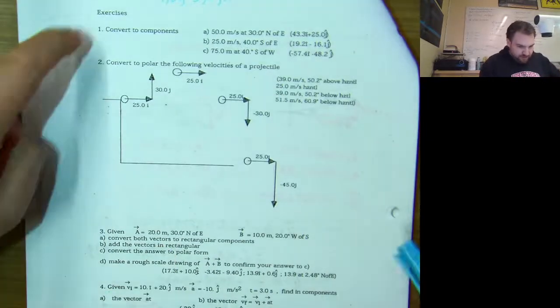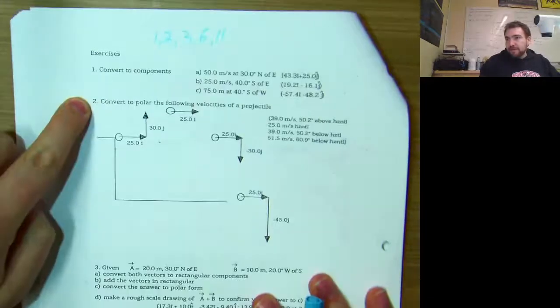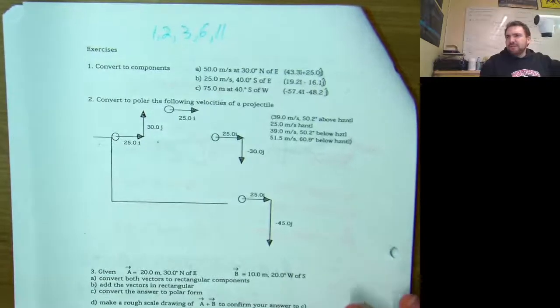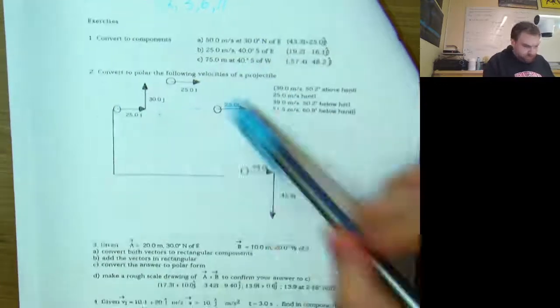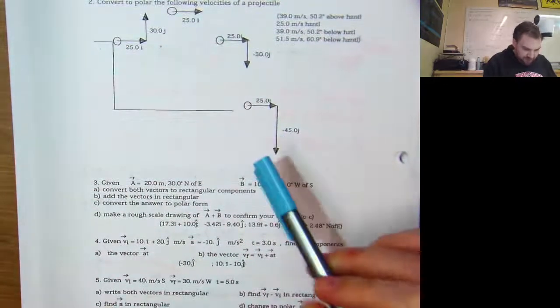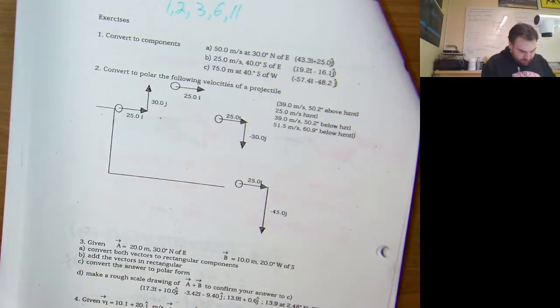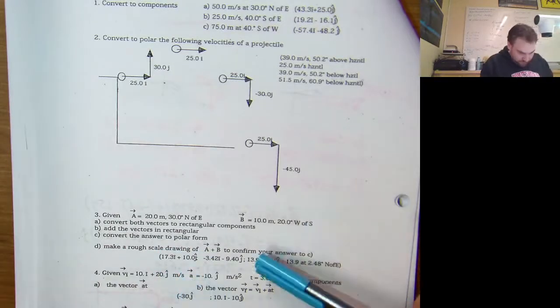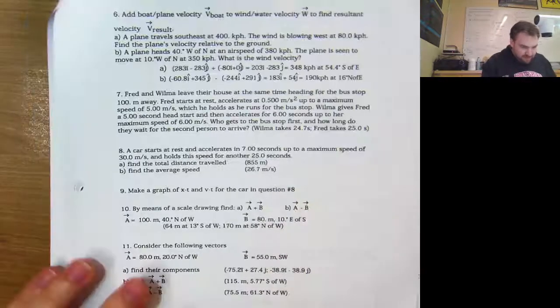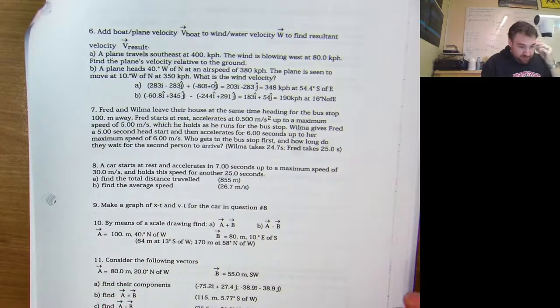I want to make sure that's everything. 1, 2, lots of conversions there. 3 gives you some stuff to deal with. That's good. Convert both to rectangular, add, then convert to polar. It's good. And then I do want you to do 6 and 11. Okay, good.